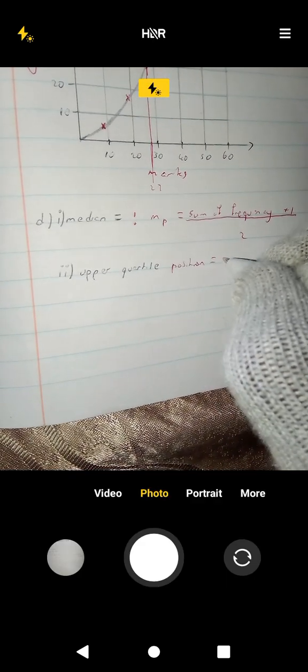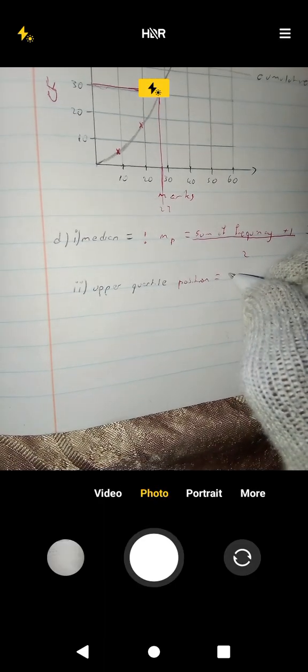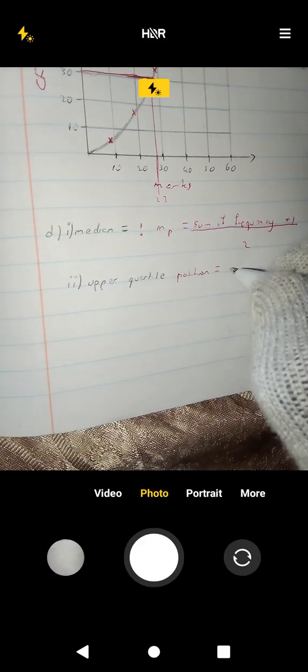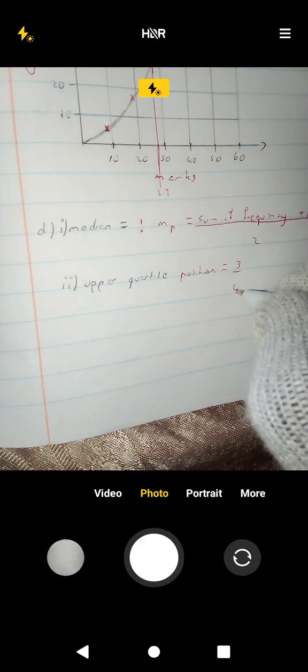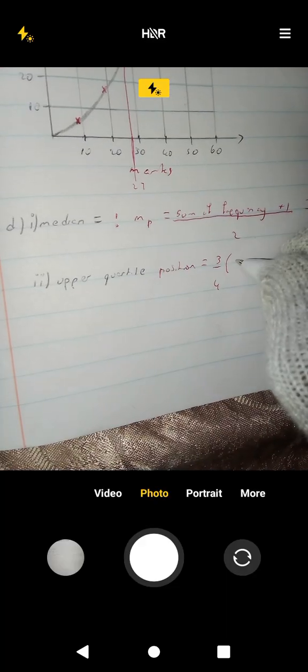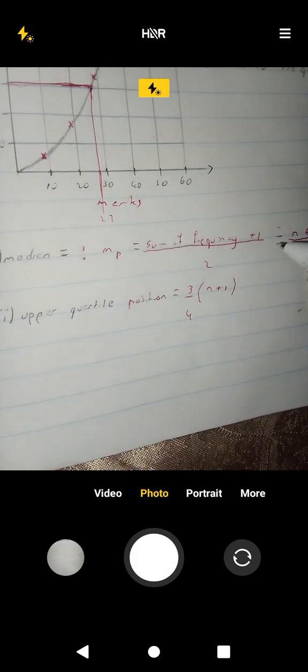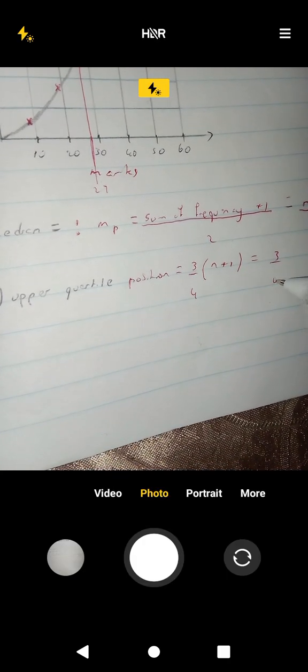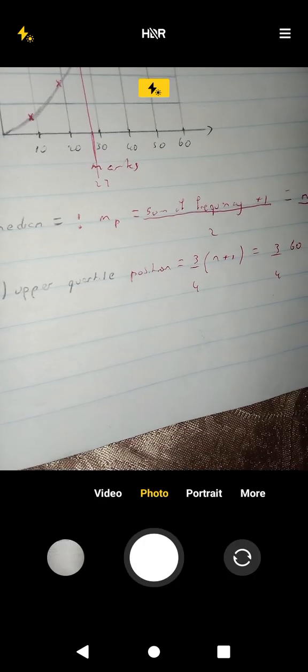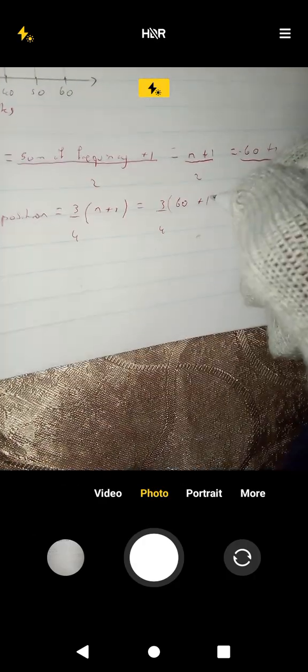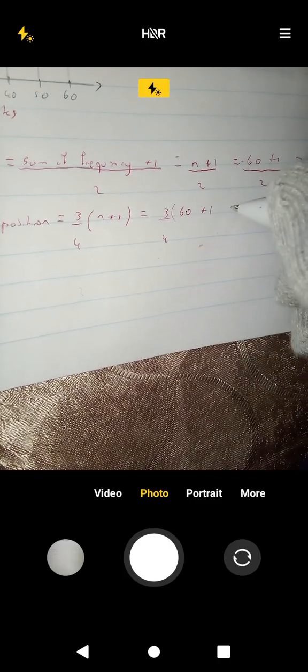So the upper quartile position is equal to 3/4 times N plus 1. So it's 3/4 of 60 plus 1.